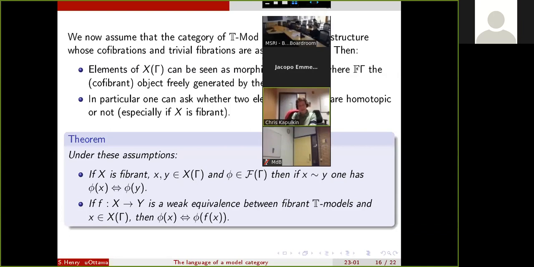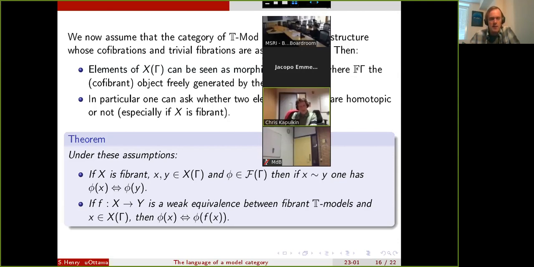You do need the existence of a model structure. So if we assume the existence of a minimal model structure, which I think is true under the Makkai principle, and it's not known if it's true under ZFC, then the theorem would be true without assuming the existence of a model structure for objects that are fibrant in the minimal model structure.